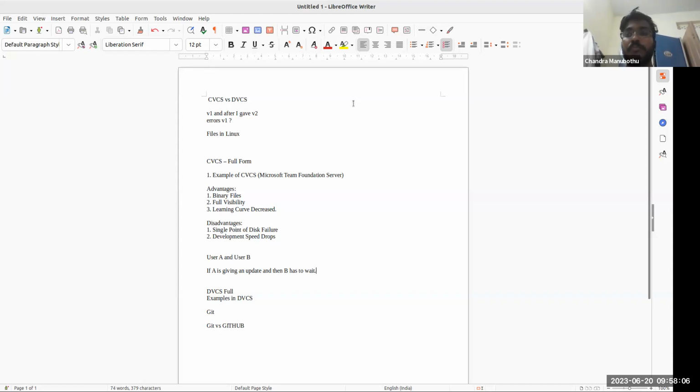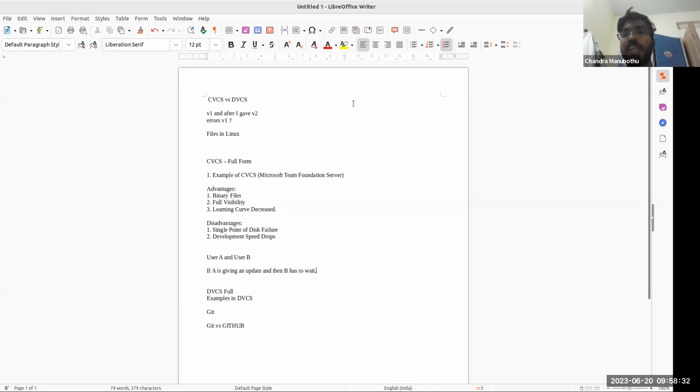Its counterpart, the distributed version control system, solves these problems. So what is a distributed version control system? As already mentioned, in a distributed version control system, copies could be anywhere. The same version copies could be anywhere. Let's say I had 10 people in my team, working on a single repo. The very first thing we'll do is clone it.